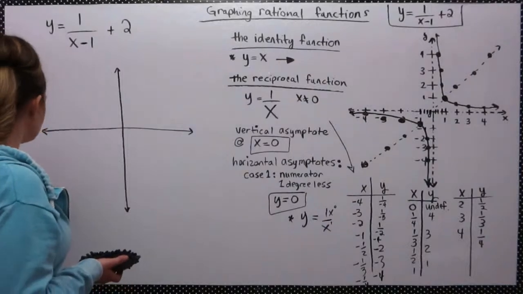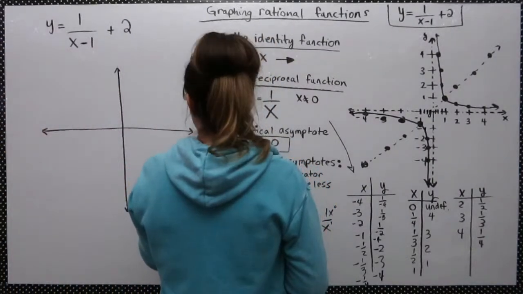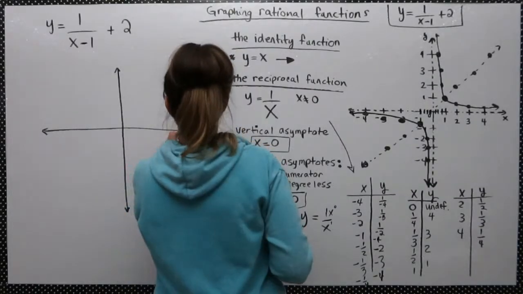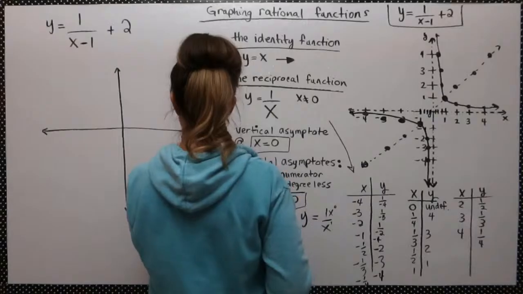So if we make another table here of values, skip this over a little bit. We have x comma y.